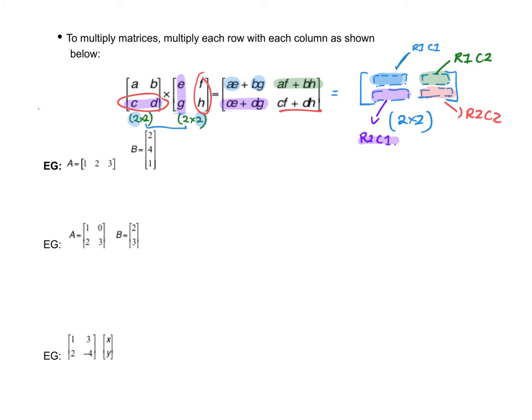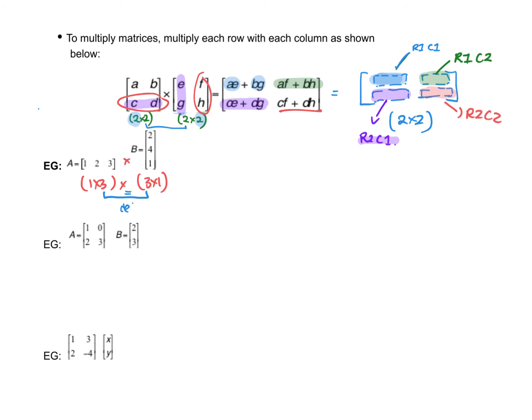All right, let's look at this matrix A here. What order does matrix A have? 1 by 3. And what order does B have? Good. So we're going to multiply these two together. Okay. So if I multiply them, first of all, check if you can. Can we multiply them?